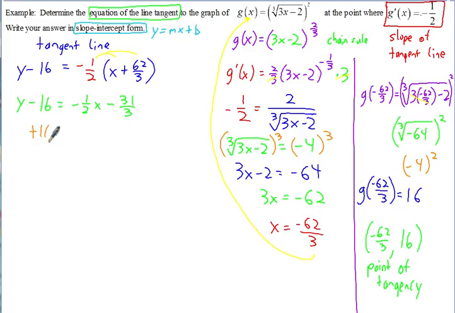Just add 16, which is the same as adding 48 over 3. So you have y equals negative 1/2 x, 48 over 3 minus 31 over 3, that's 17 over 3. So there's our tangent line in slope-intercept form.